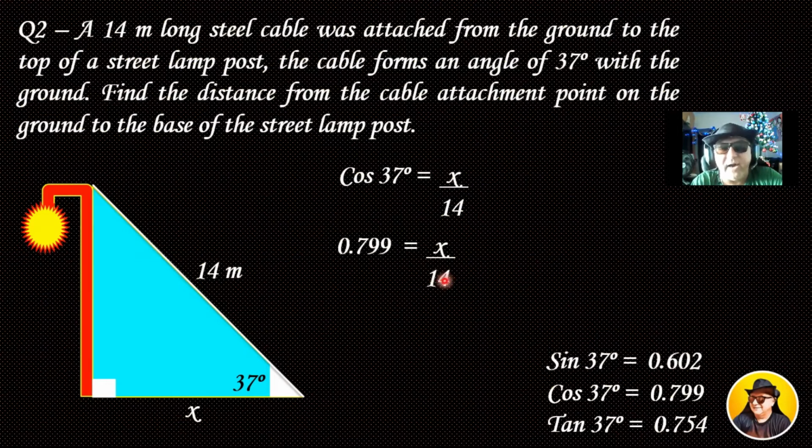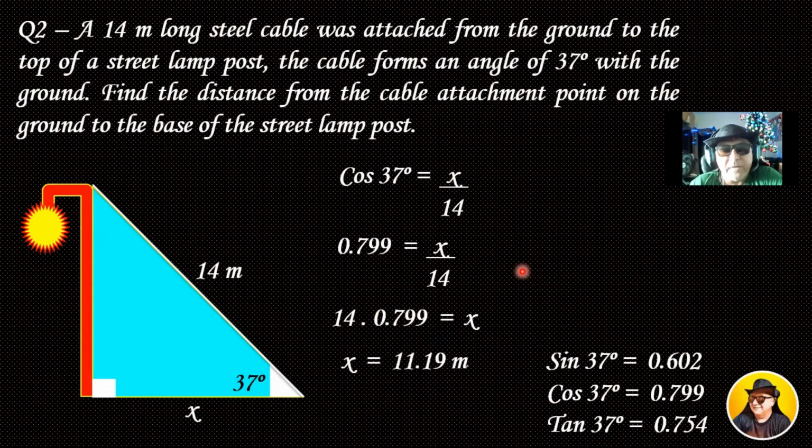The 14, that is dividing, comes to the left side of the equation, multiplying this way. You see? Now let's multiply 14 times 0.799. And also, while we multiply, we are going to rotate the equation and give the answer.